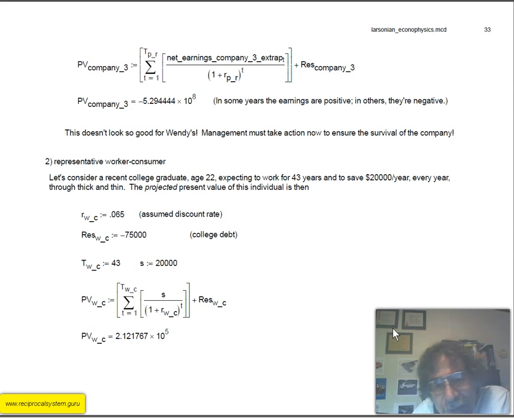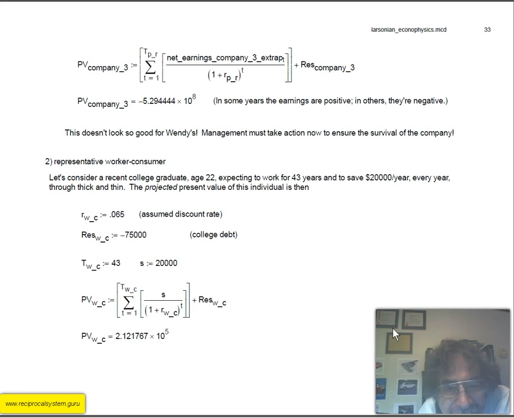Now let's do an example calculation for the representative worker consumer. So let's consider a recent college graduate, age 22, expecting to work for 43 years and to save $20,000 per year every year, which might be kind of tough to do through thick and thin. But let's hope that they can do that. So the projected present value of this individual is then, again, we'll assume 6.5% as the discount rate.